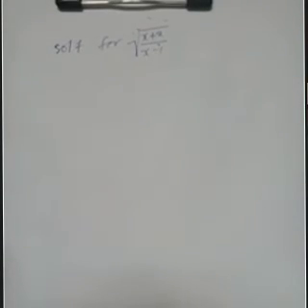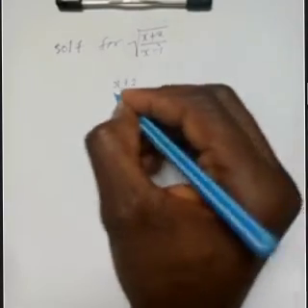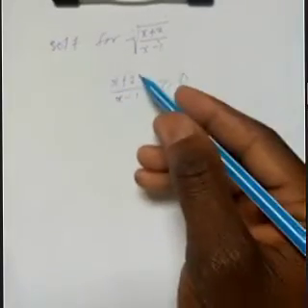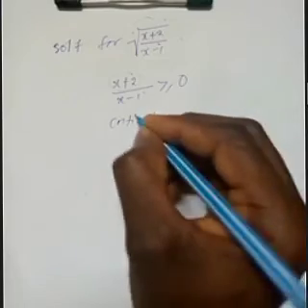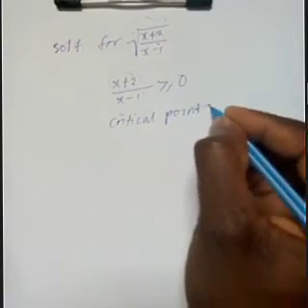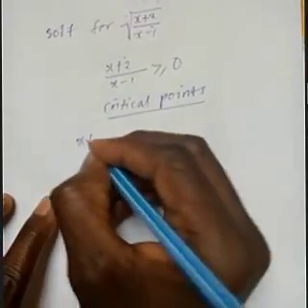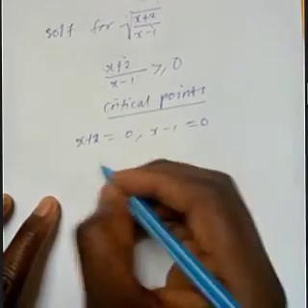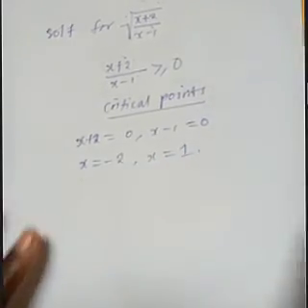Still, what you have to do is equate everything to greater than or equal to 0. For the critical points, equate this to 0 and that to 0. So x plus 2 has to be equal to 0, and x minus 1 has to be equal to 0, meaning x is equal to -2 and x is equal to 1.